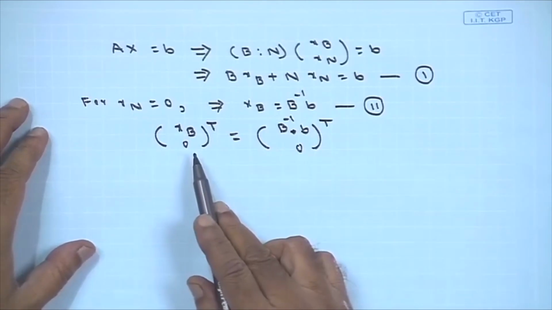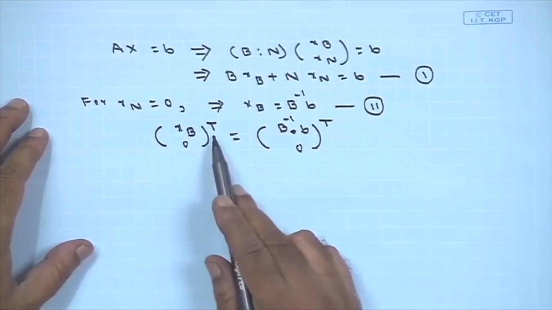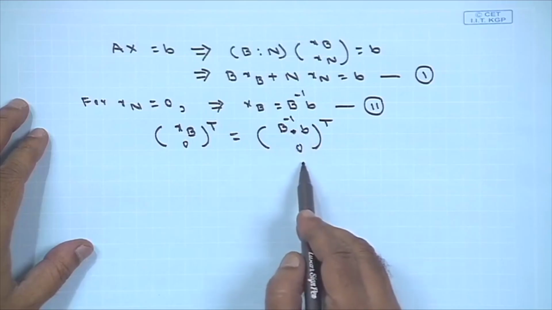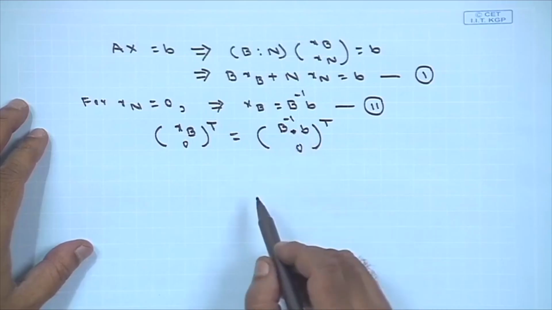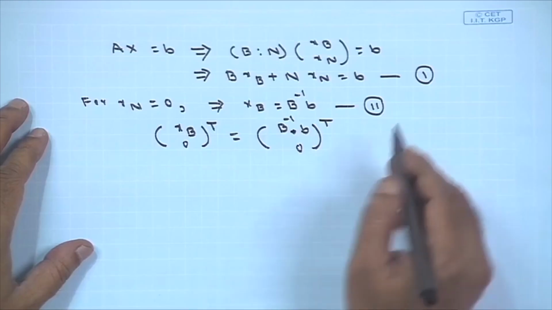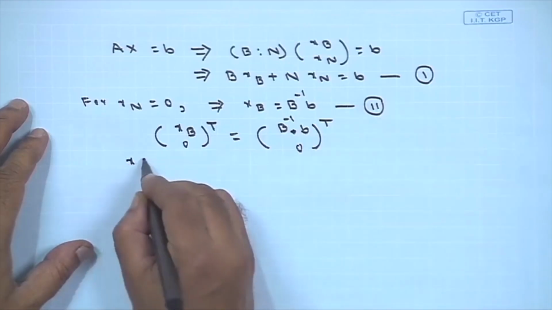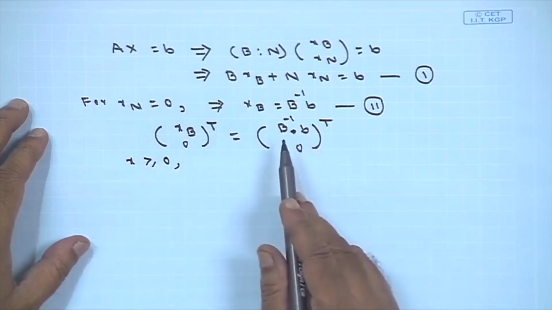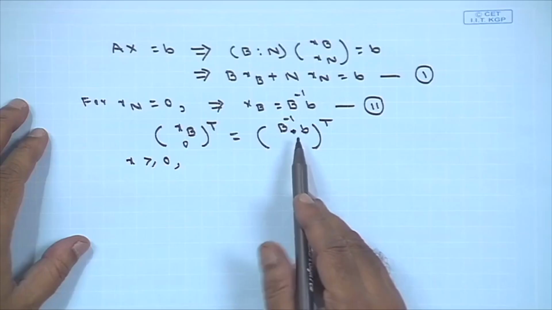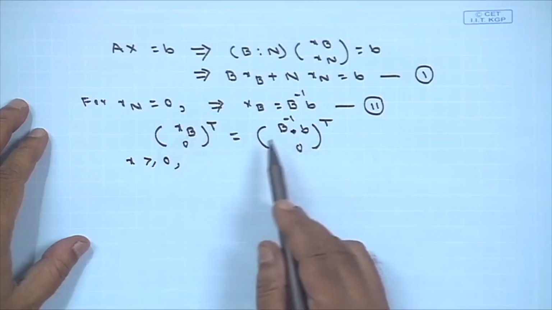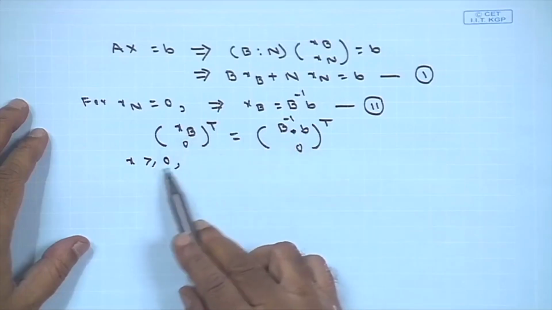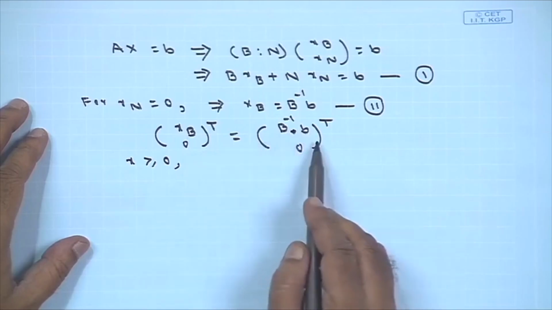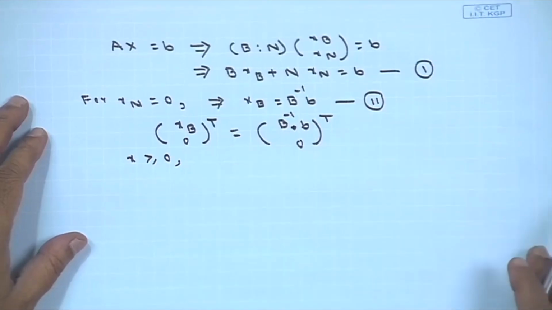Basic solution is this one, xb, 0 transpose, where xb is B inverse B. So, B inverse B, 0 transpose, and if x is greater than or equal to 0, which is already mentioned, in this case we have the basic feasible solution. So, for xn equals 0, we have the basic feasible solution if x is greater than or equal to 0 of the form B inverse B, 0 transpose. So, this we are getting.